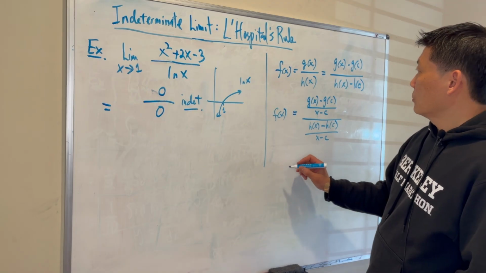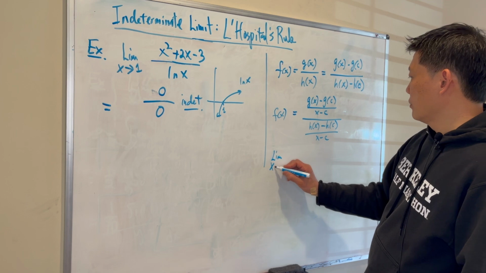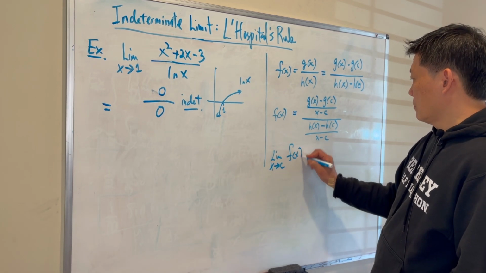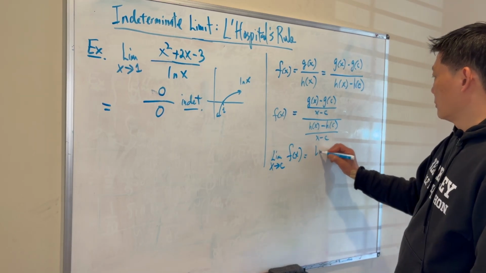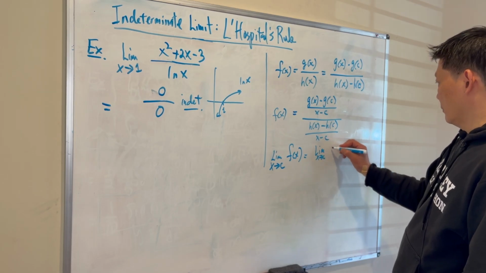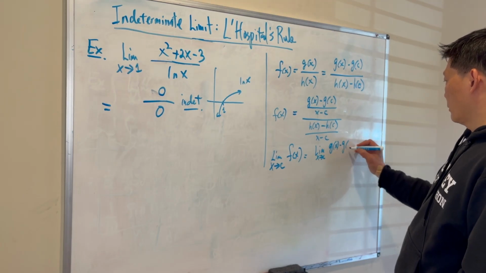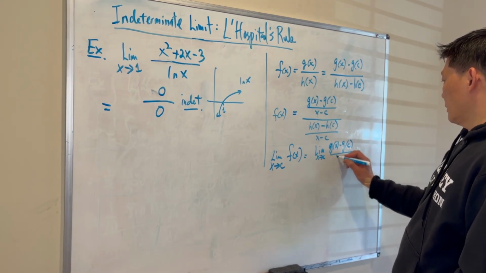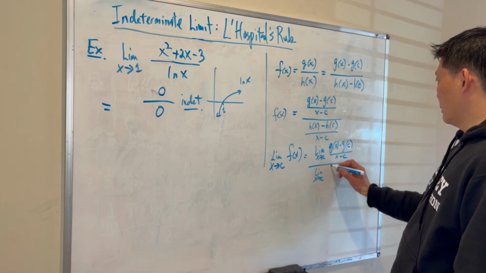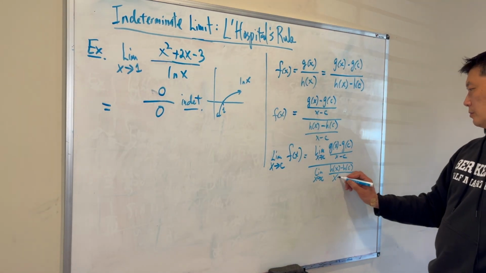But what we can also say is, as x approaches c, very close to c, we have the limit of this whole thing: the limit as x approaches c of g of x minus g of c over x minus c for the top, and the limit as x approaches c of h of x minus h of c over x minus c on the bottom.